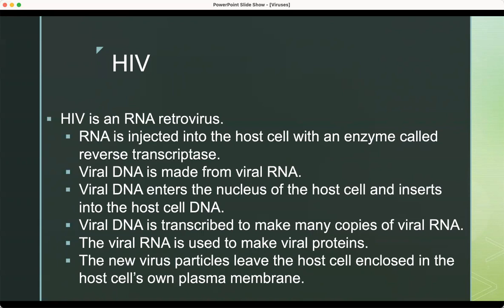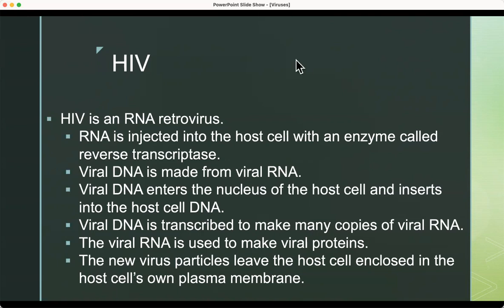And then the genetic information from RNA is used to make proteins. Well, with HIV and other retroviruses, this process is reversed. The HIV will inject RNA, but it needs DNA to be able to enter the nucleus of the host cell and have its genetic information copied. So with HIV, it goes from RNA to DNA. So the opposite of what we normally see in cells.